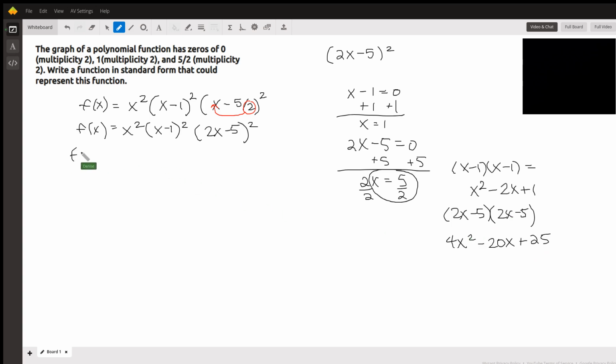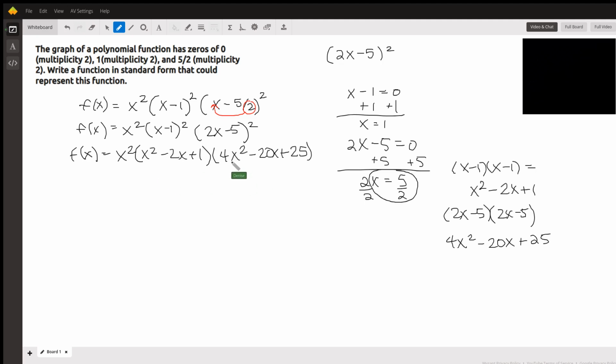So with that work, this becomes x squared minus 2x plus 1, 4x squared minus 20x plus 25.